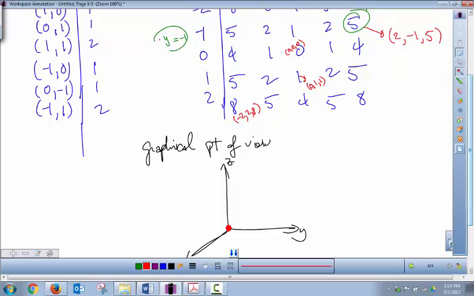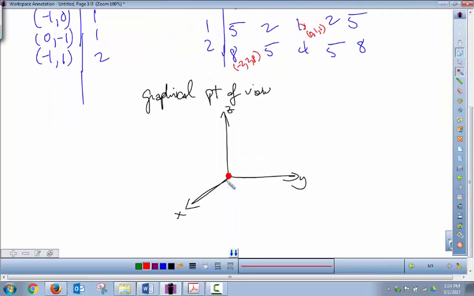We have 2, -1, 5. So this is a little trickier. 2, -1 goes backwards. 2, -1, and 5. 1, 2, 3, 4, 5. That gets a little harder to visualize.